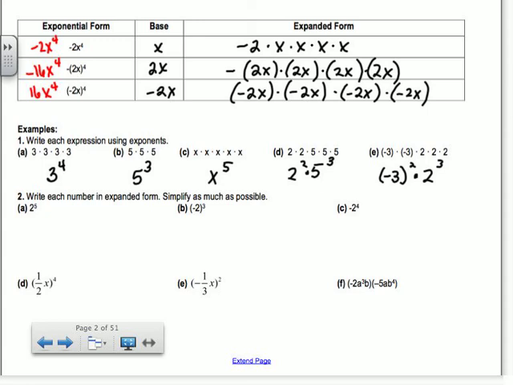All right, 2a, so I have 2 to the 5th, so write it in expanded form, so that'd be 2 times itself 5 times. So it'd be 4 times 4, which is 16 times 2, so it's 32. Next one, negative 2 to the 3rd, so negative 2 times negative 2 times negative 2. So that's negative 8.